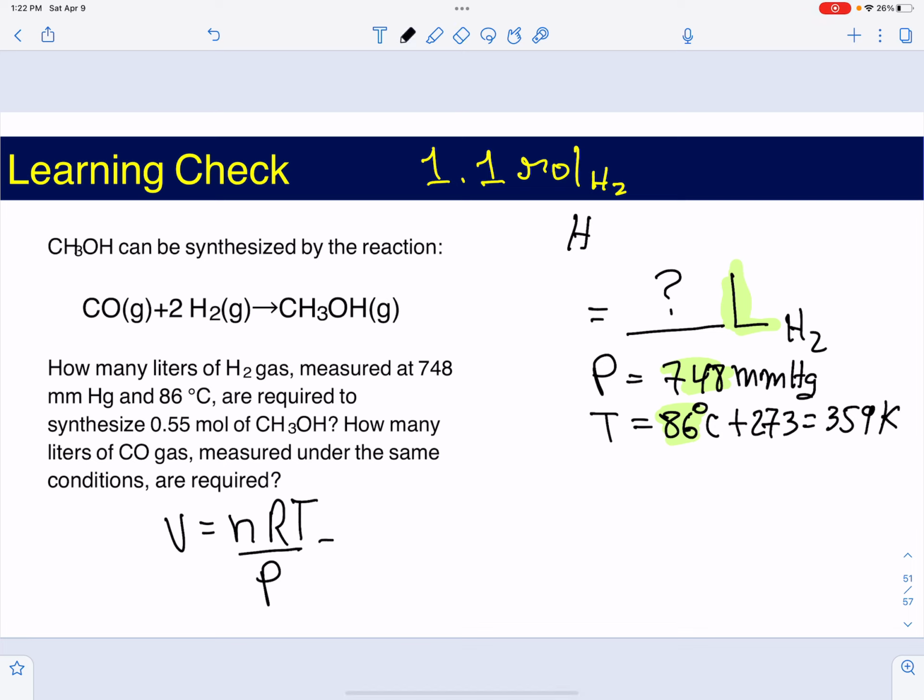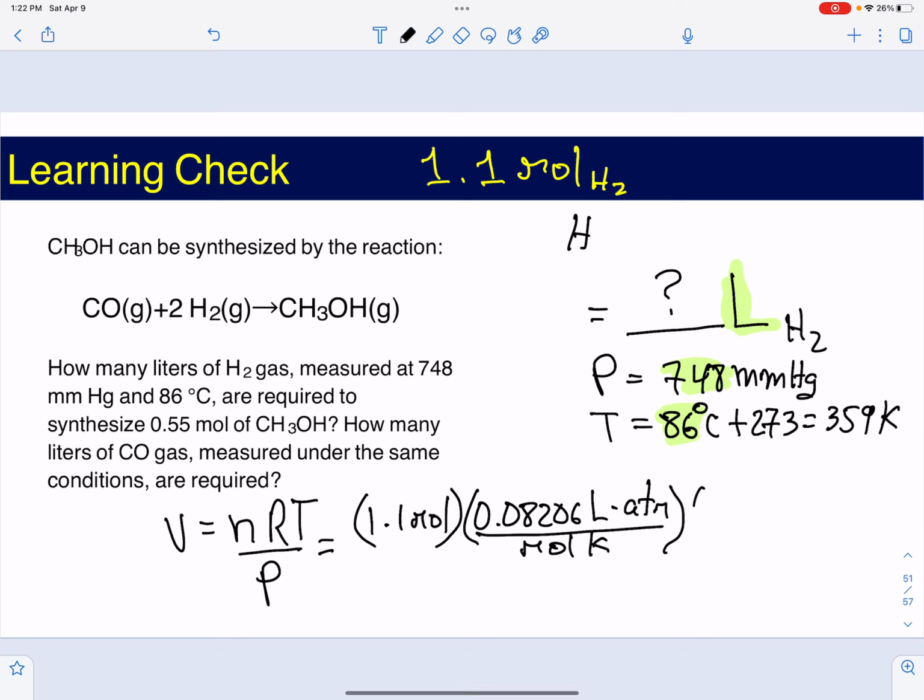So we're going to plug in our numbers. We know that we have 1.1 moles of hydrogen because we found it at the beginning of the problem. We know that our R is 0.08206 liters times atmospheres over moles Kelvin.